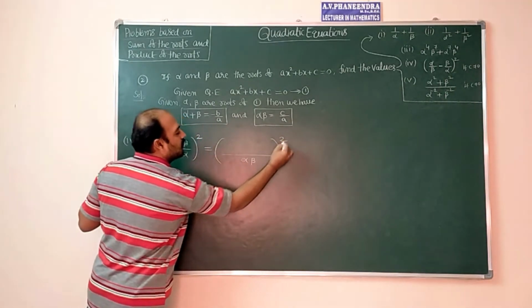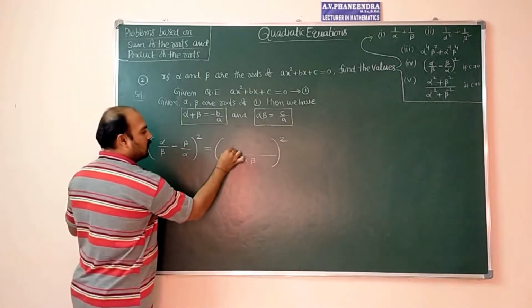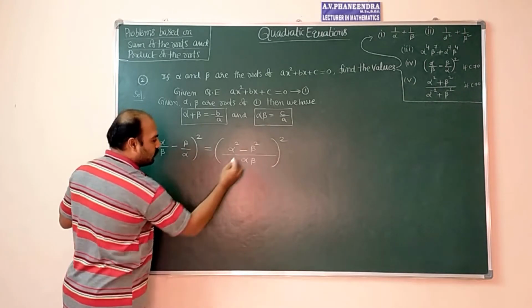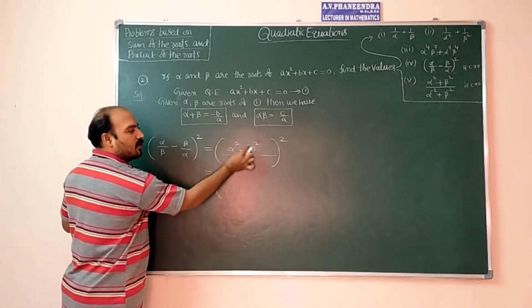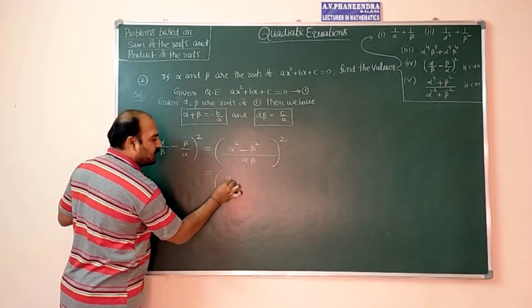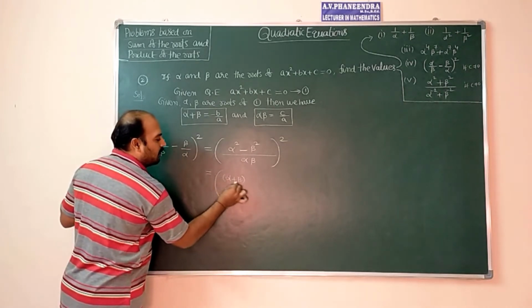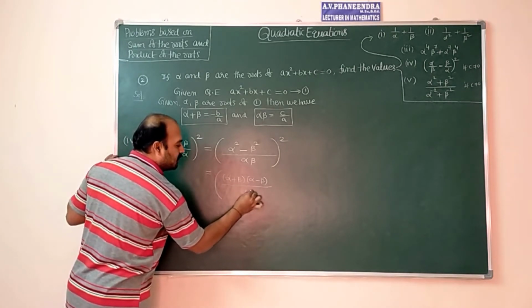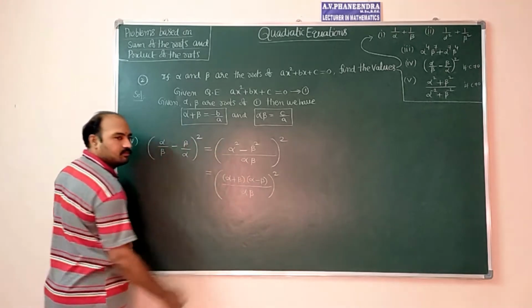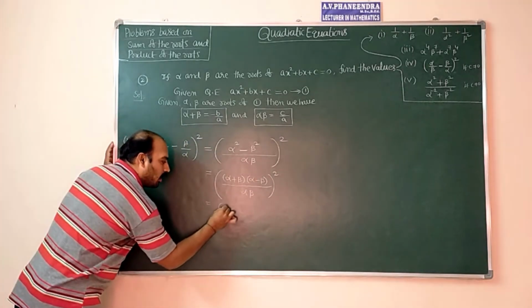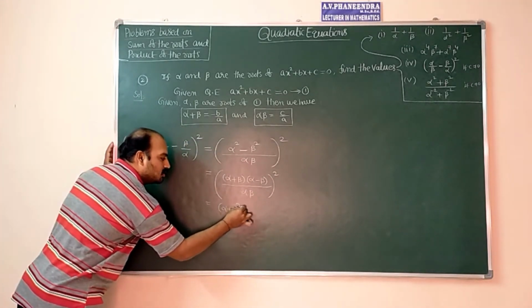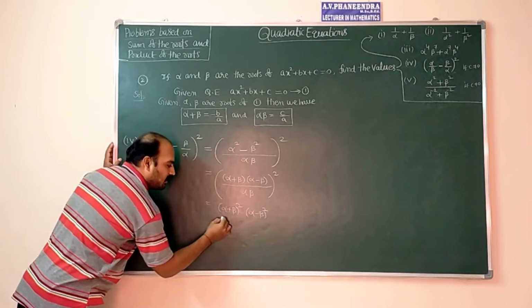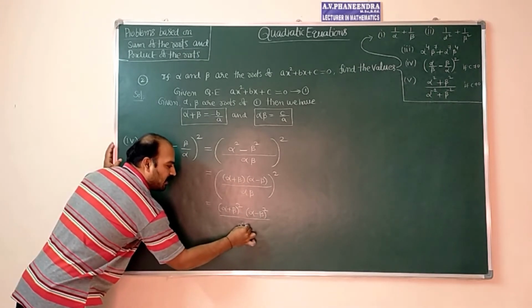Alpha into alpha, alpha square, minus beta into beta, beta square, which is a square minus b square, in the form of a plus b into a minus b: alpha plus beta into alpha minus beta, whole divided by alpha beta whole square, which gives alpha plus beta whole square into alpha minus beta whole square divided by alpha beta whole square.